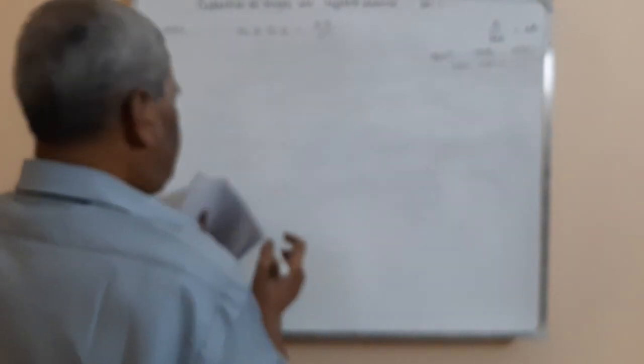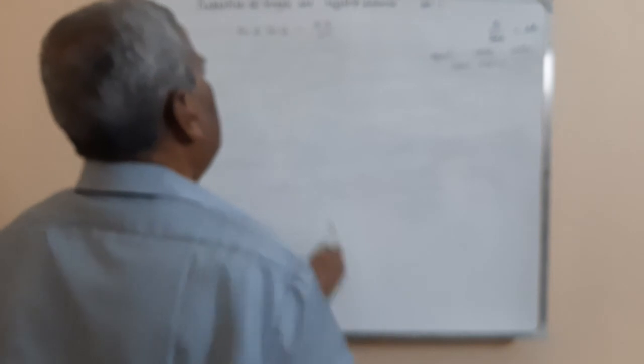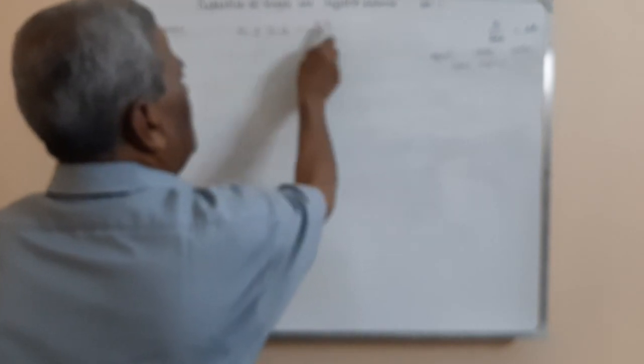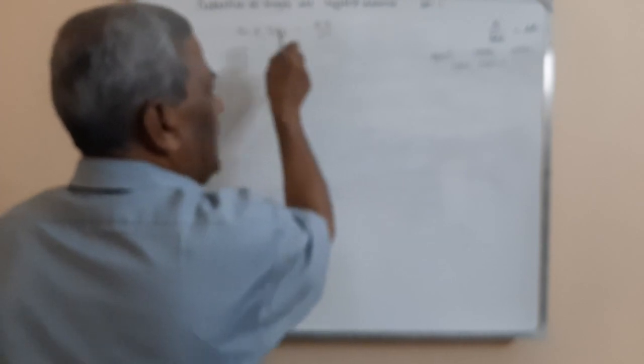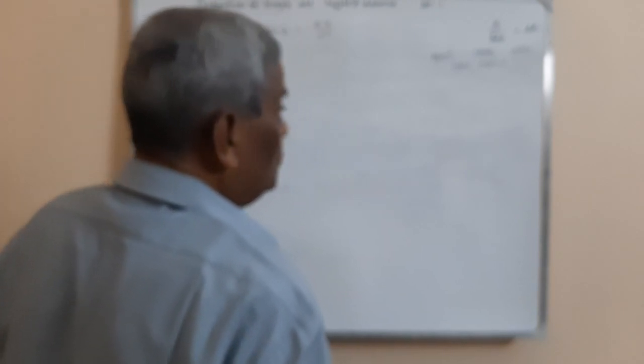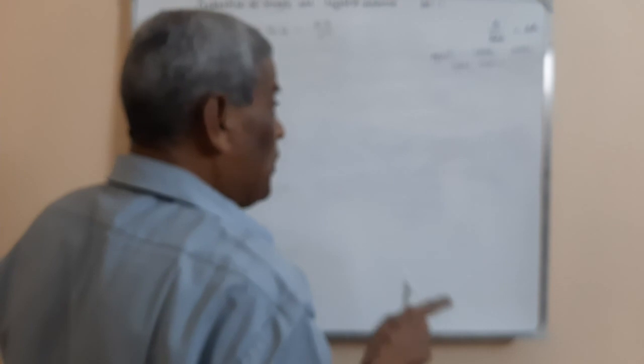So for a triangle ABC, one piece of information is given: sine A sine B is equal to that. They are all in terms of sides and all in terms of angles. We have to find what type of triangle it is. So use the sine formula.